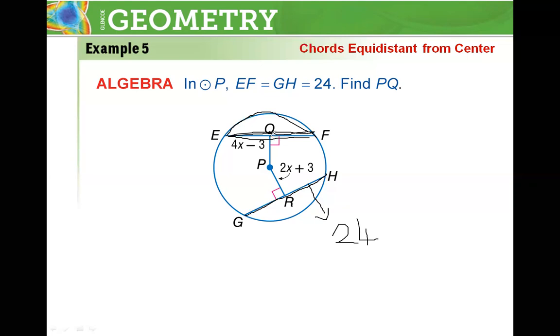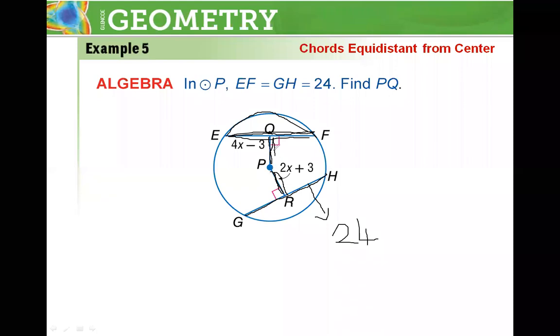It means this part will equal this part, which is BQ must equal BR. So these two chords are equal if they are equidistant.